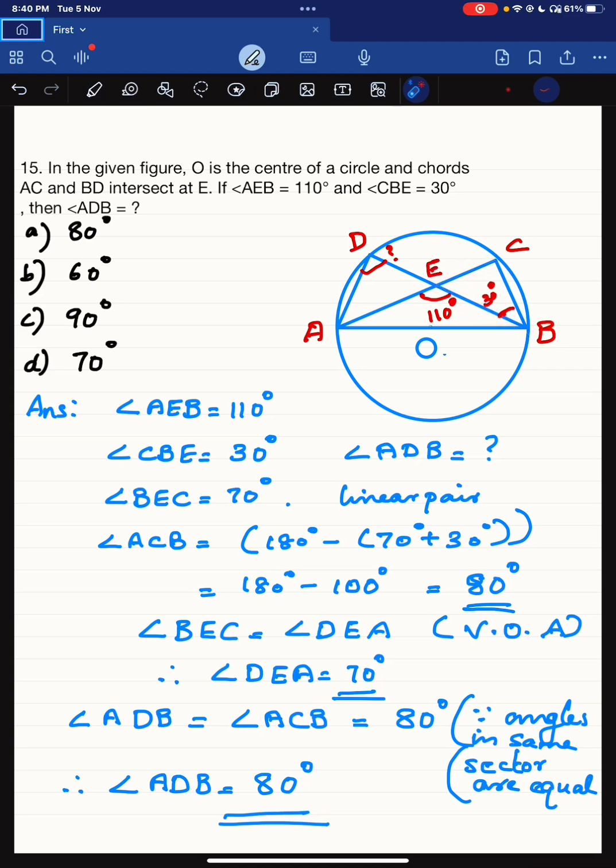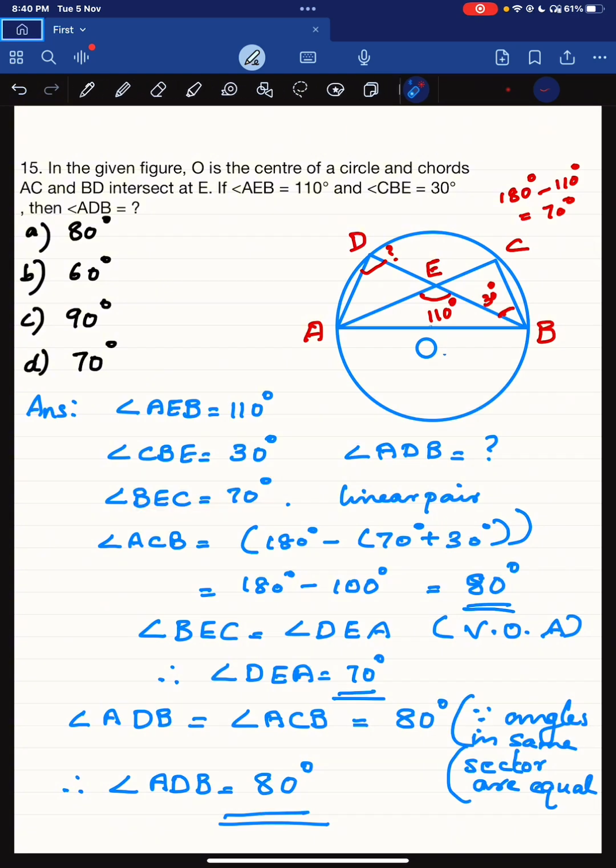It is 180 degrees minus 110 degrees, which is 70 degrees. So we got angle BEC is equal to 70 degrees.